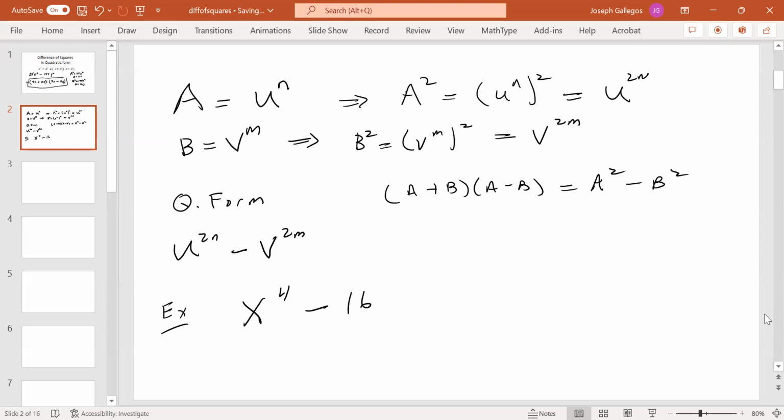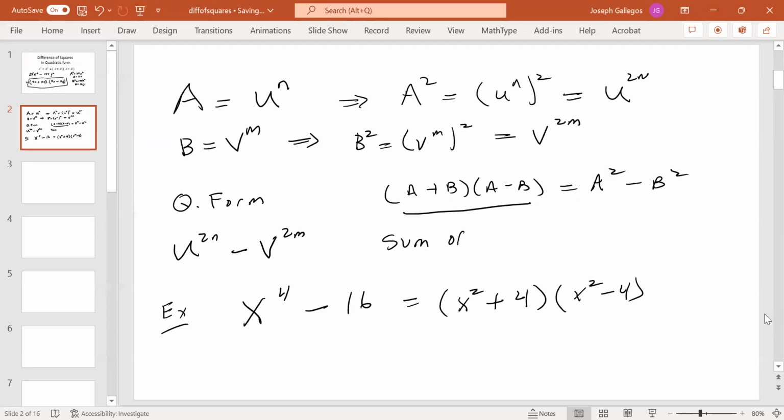Now the question is, does this fit our special form? Is x to the 4 a perfect square? Well, the exponent 4 is divisible by 2, so yes. And the square root of 16 is 4. So if I apply the formula a plus b and a minus b, we would have x squared plus 4 for the first set of parentheses, and x squared minus 4 in the second. That's okay, but we're not complete, because there's nothing we can do with the sum of squares.